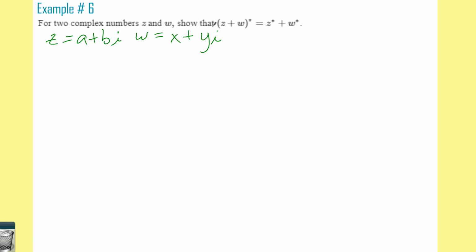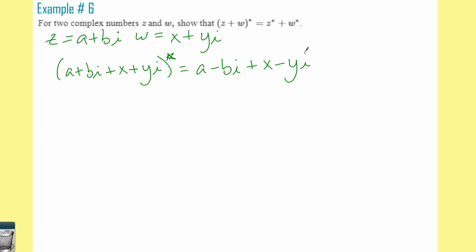So let's do z plus w. We're going to get a plus bi plus x plus yi, and then do the conjugate of that. It's going to be the conjugate of z, so a minus bi, plus the conjugate of w, which is x minus yi.